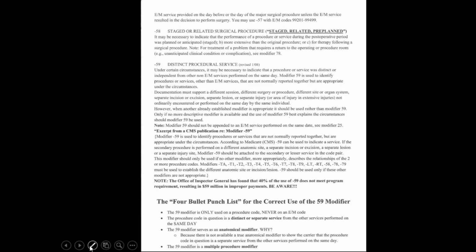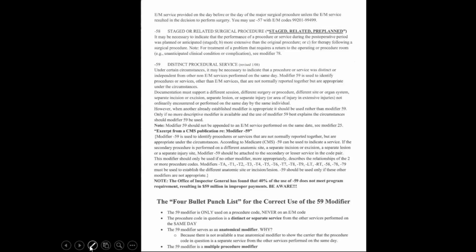The reason that the description of this modifier talks about the day of or the day before the surgery is performed is that for a 90-day post-op global period major surgical procedure, the global period starts not the day of the procedure, not the day after the procedure, but the day before the procedure.